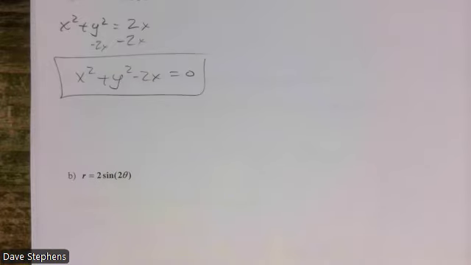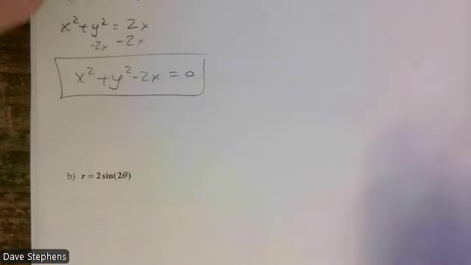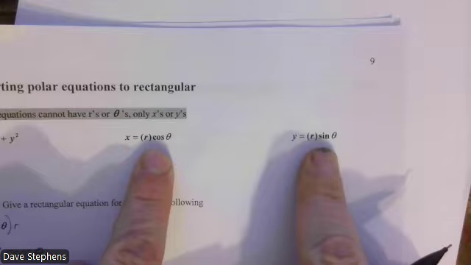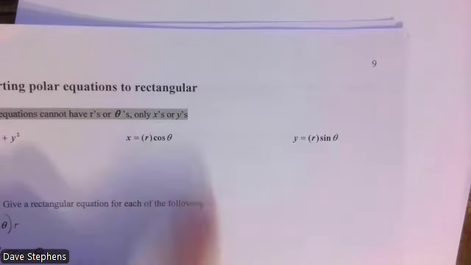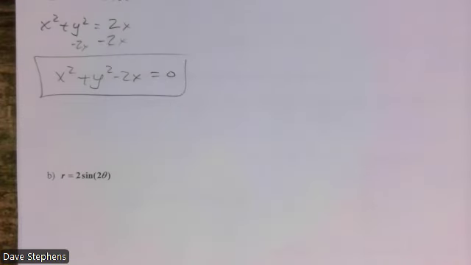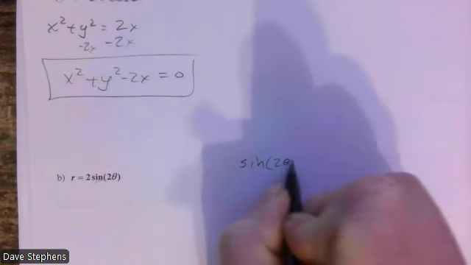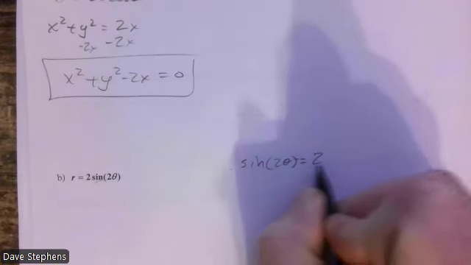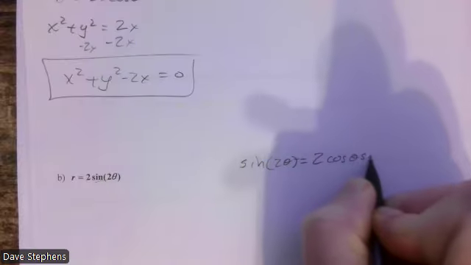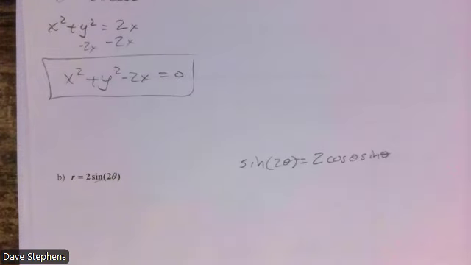All right, so let's try this next one here. r equals 2 sine of 2 theta. Well, the issue is that I don't have cosine of 2 theta or sine of 2 theta. So I go digging in my formula sheet, and the sine of 2 theta is 2 cosine theta sine theta.